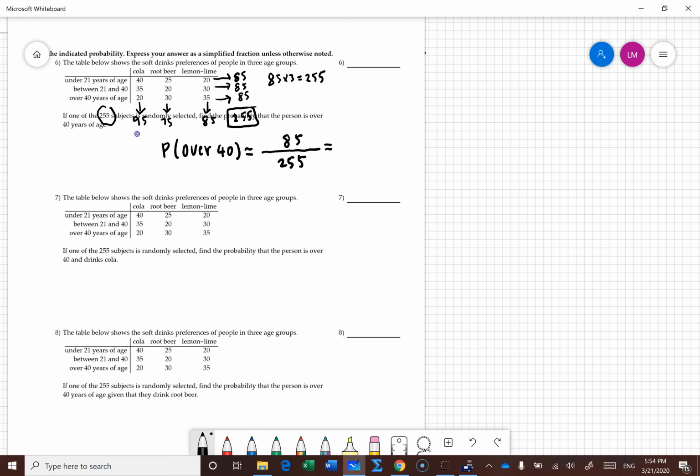I don't know if you can simplify. 5 times 17, and 5 times 51, but this is 17 times 1, 17 times 3. This is 1/3. Or if you use a decimal, 0.333. This means round to 3 decimals.